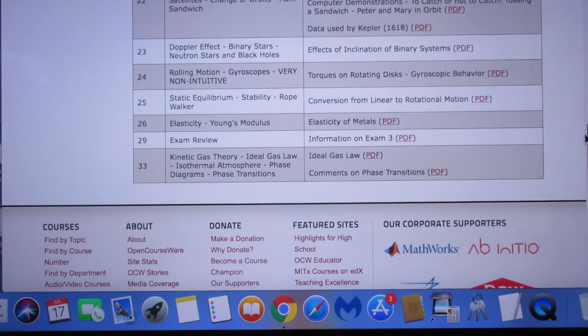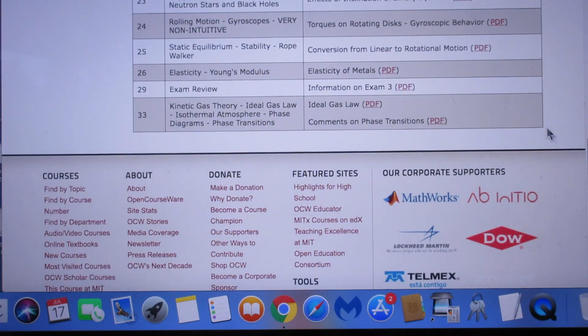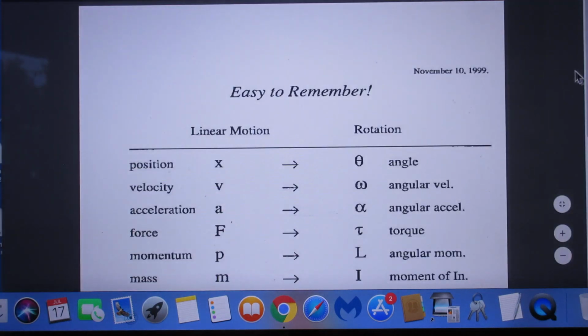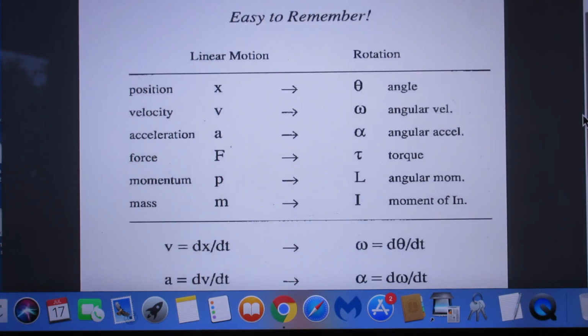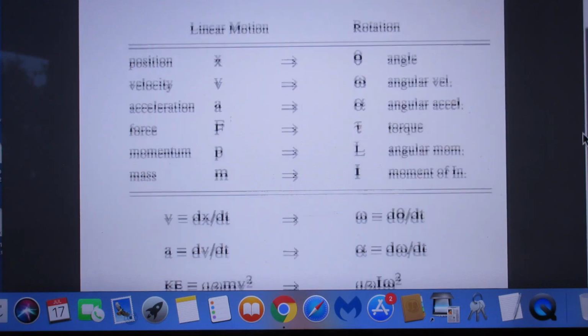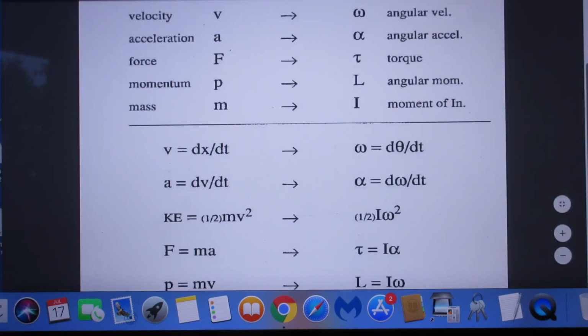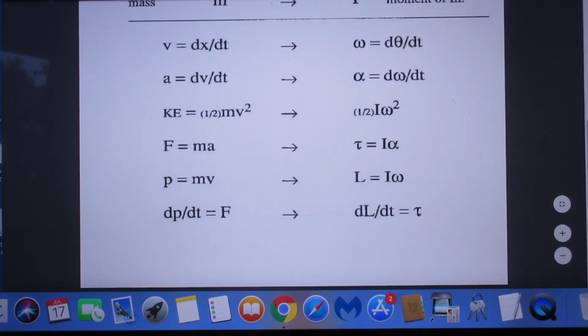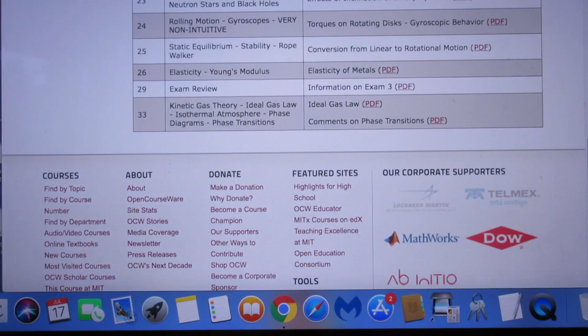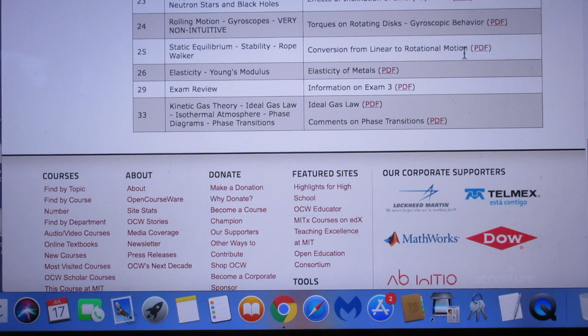Lecture 25, conversion from linear to rotational motion. That of course is rather trivial. And I'm sure I showed that in class as an overhead. So that was lecture 25.